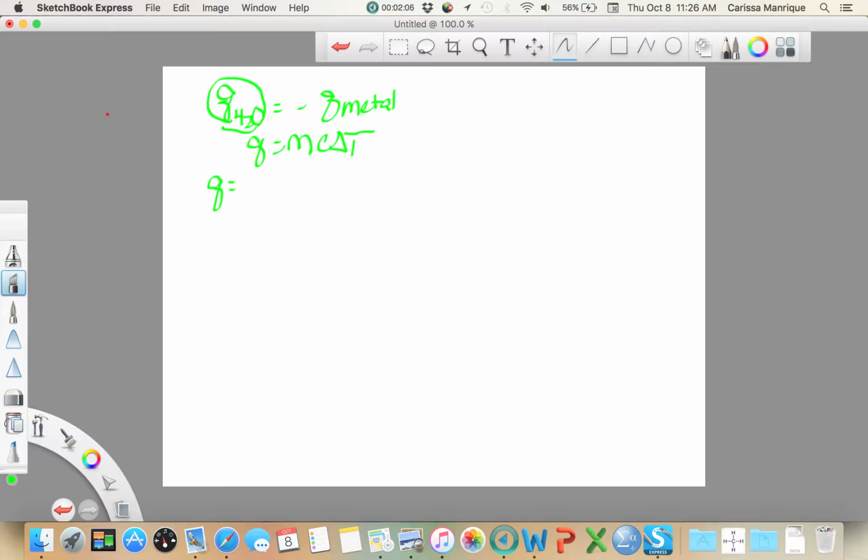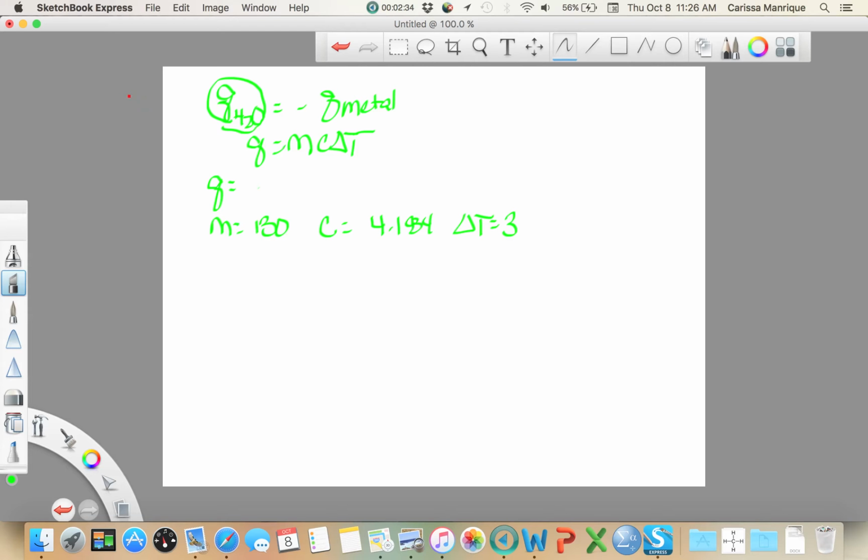Q equals M. M, they gave us, let's see, I wrote it down as 130 grams. C for water is 4.184, and delta T was 3. Just doing final minus initial, it started at 22 and it went up to 25.